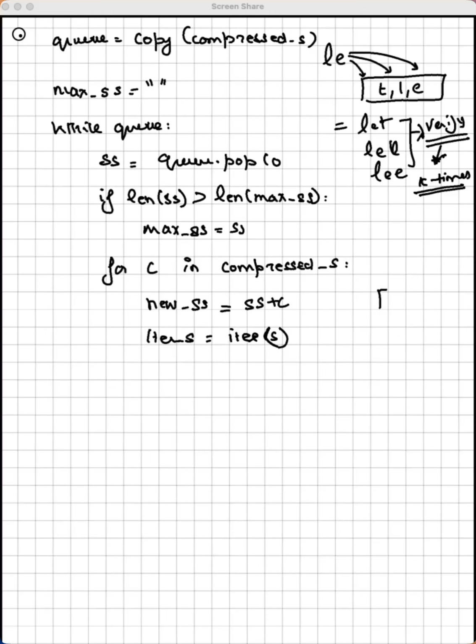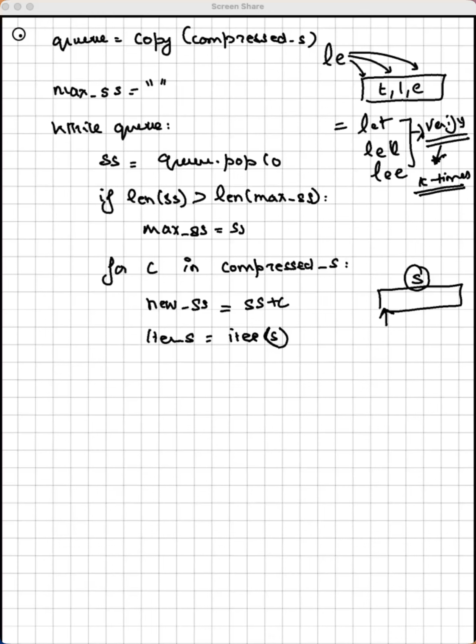It is ready to iterate through your S, because we have to check whether our subsequence exists K times in the original S, not in the compressed S. It's ready to iterate through this string starting with its pointer at the 0th index.